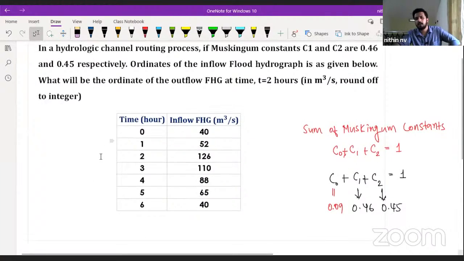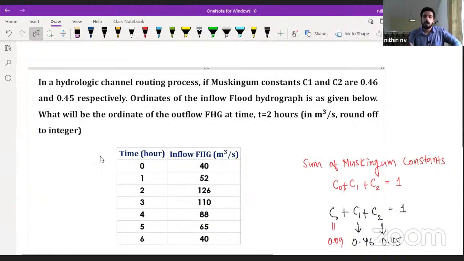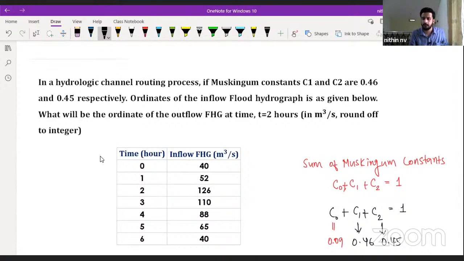Now always listen how we are going to calculate the outflow flood hydrograph ordinates, or we can call it the downstream side flood hydrograph. Here I am putting outflow, or we can also put it as upstream flood hydrograph, downstream flood hydrograph. Okay, the first ordinates of the flood hydrograph will be always same. So the first one will be always base flow. It is equal to the base flow 40.